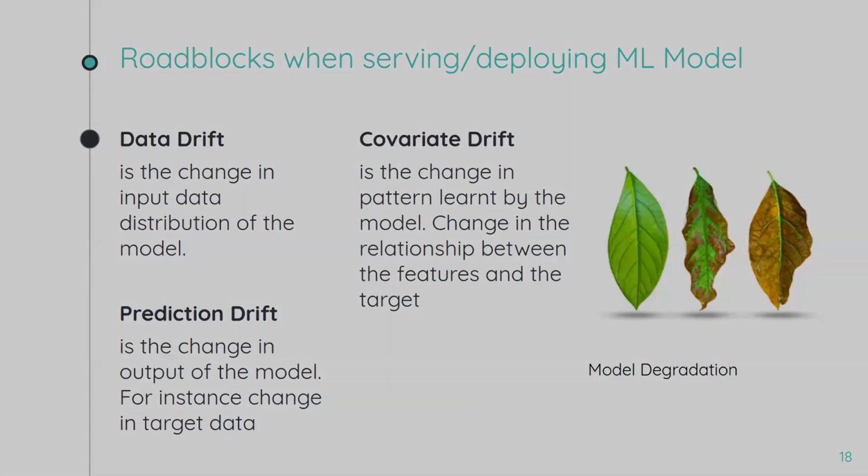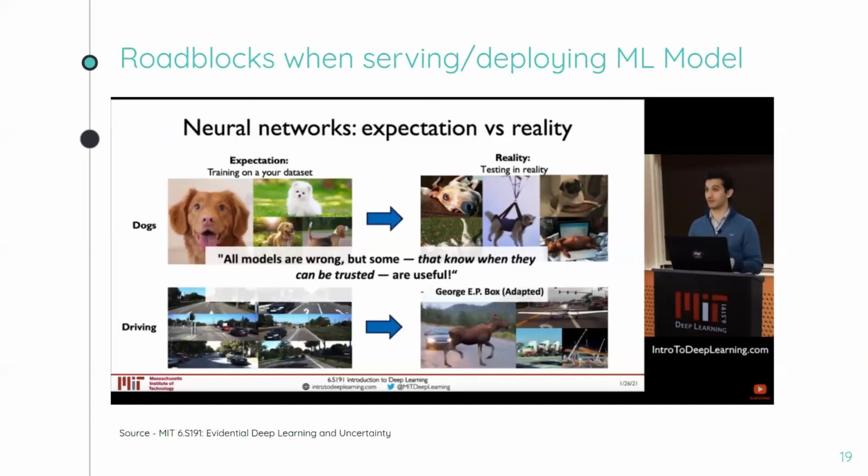Another roadblock in deploying or serving your machine learning model is that what you train your model on is different from reality. When you train your model on maybe CIFAR 1000 or on Pascal VOC, these are well-structured data, but in reality, we don't have well-structured data.